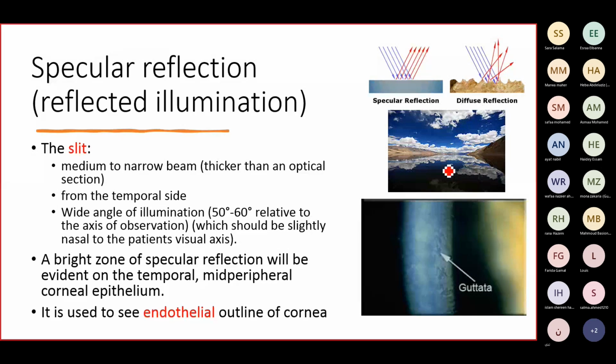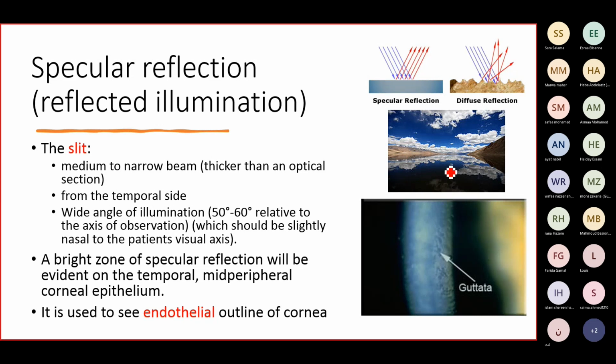If you have a clear, very regular surface, the light will be reflected from the surface. And if this reflection is regular, it's called the specular reflection. If the surface is not very regular, then the reflection will not be clear, and it will give what we call the diffuse reflection. Like, for example, the reflection that comes from a wall or an opaque structure.